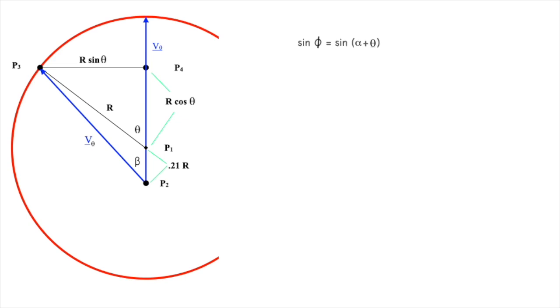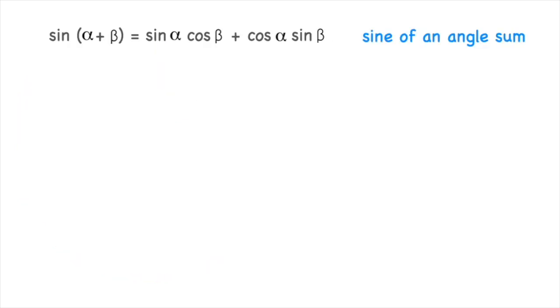In order to find an expression for sine phi that is useful to us, we are going to refer to our dV circle diagram, and we will also use three trigonometric identities that I will list as we go along. First, we have the sine of an angle sum.